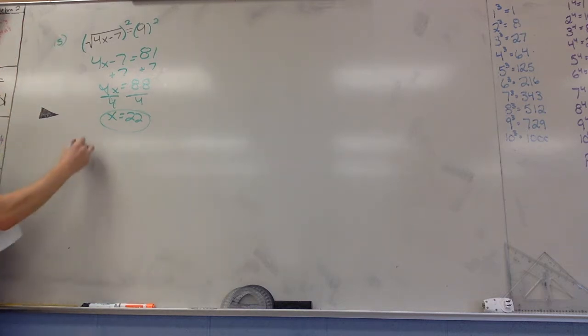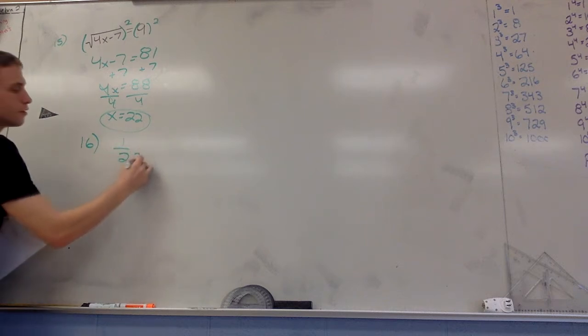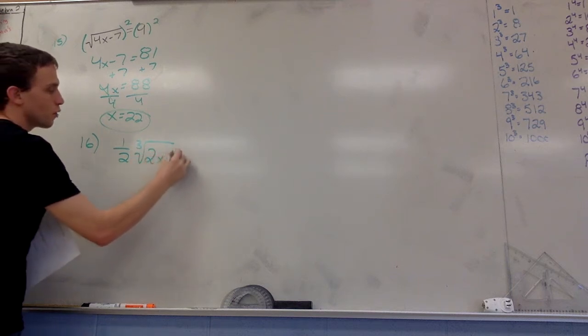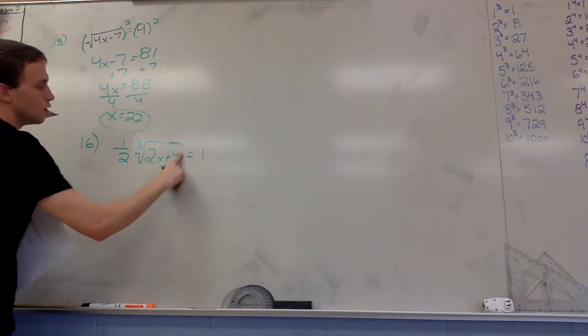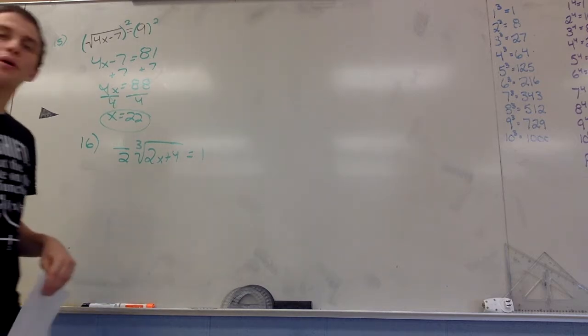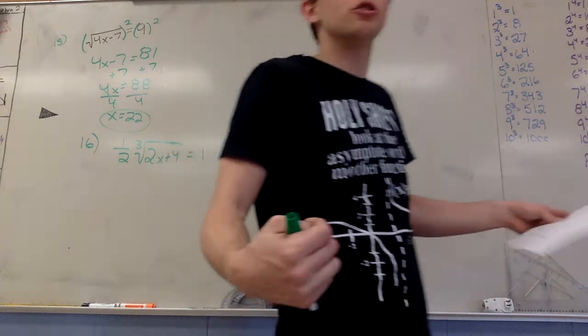16. I have 1/2 the cube root of 2x plus 4 is equal to 1. First off, is the root isolated? No, why not? What's there that's not isolated? That fraction. So how do I get rid of that fraction? I can multiply by something to do that.